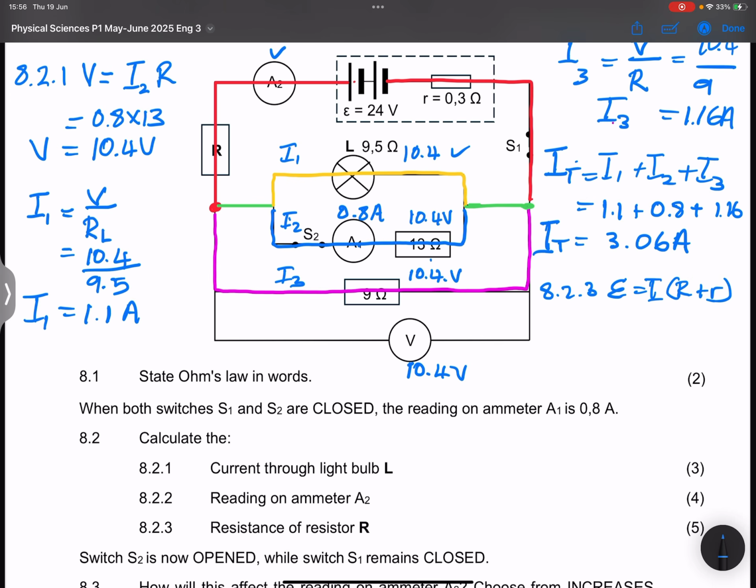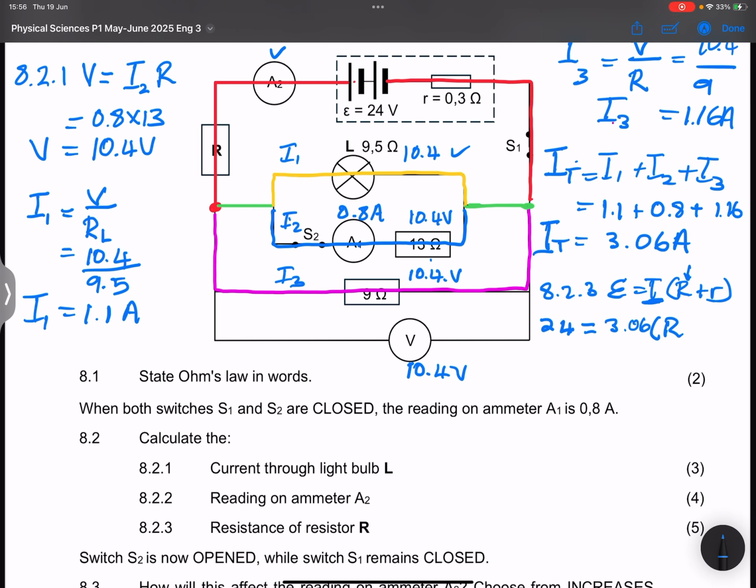Now, if you've watched me answer these types of questions, I always say, we know EMF, that's the EMF of the battery. So we always use the total current here. So this is going to be 3.06, and R is the external resistance.